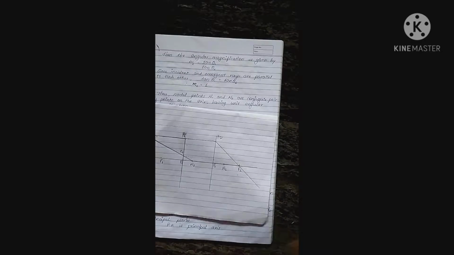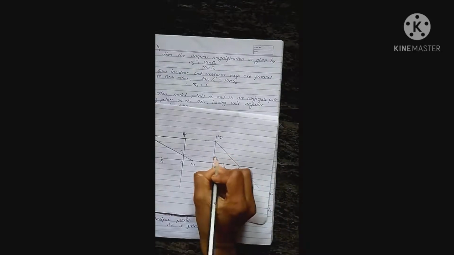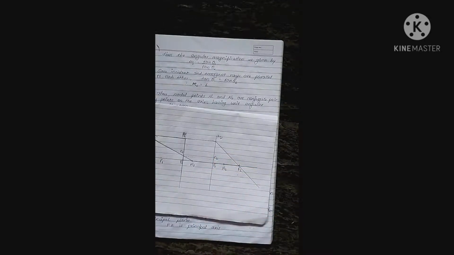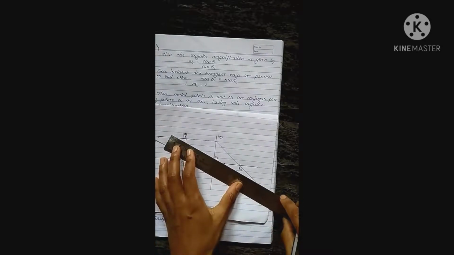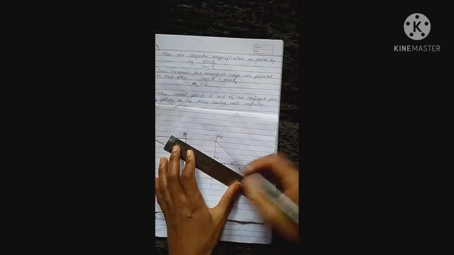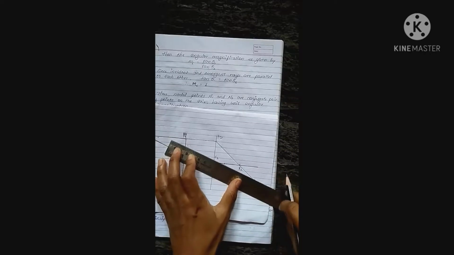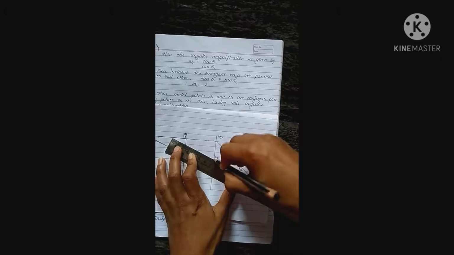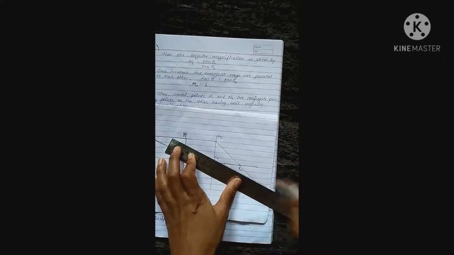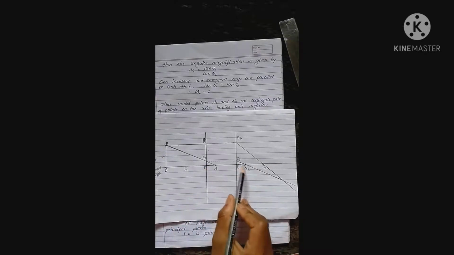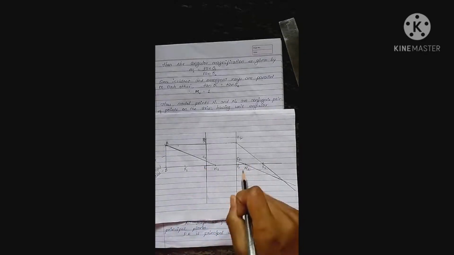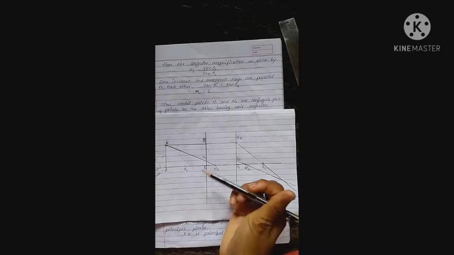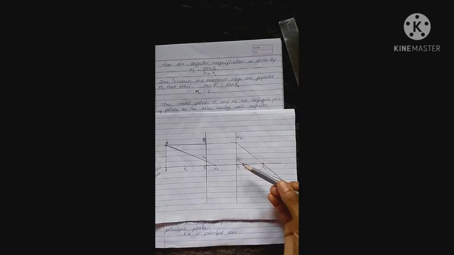After refraction from C2, the emergent ray passes through the second nodal point. This incident ray and emergent ray are parallel to each other, and C1P1 is equal to C2P2.